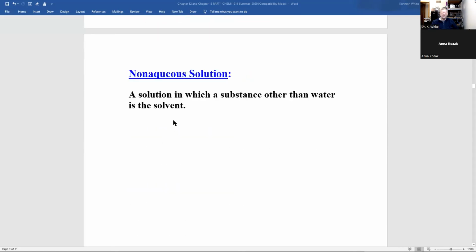Now, I won't ask this, but there's another type of solution, and that's called non-aqueous. Non means the prefix not, and non-aqueous is a solution in which a substance other than water is the solvent.